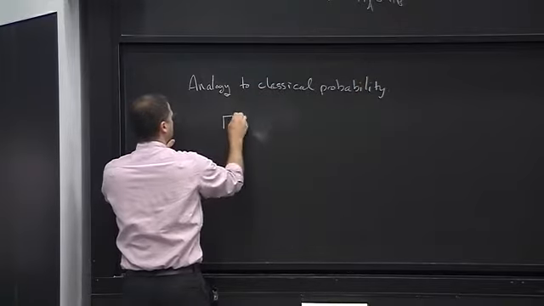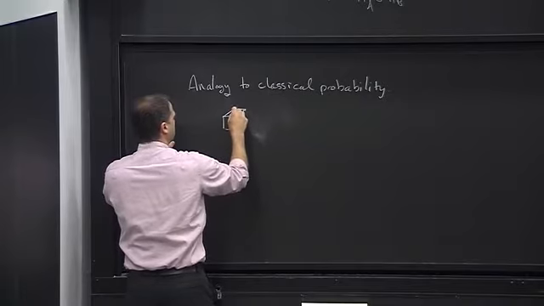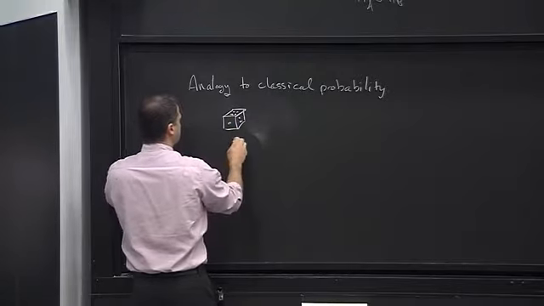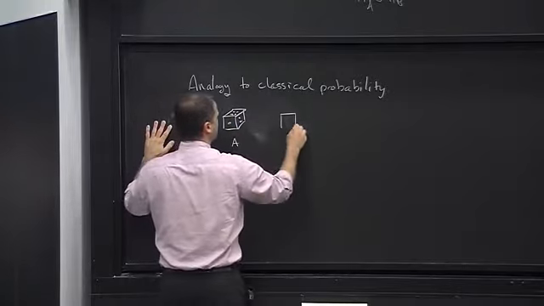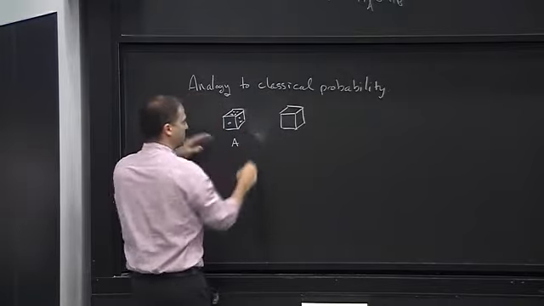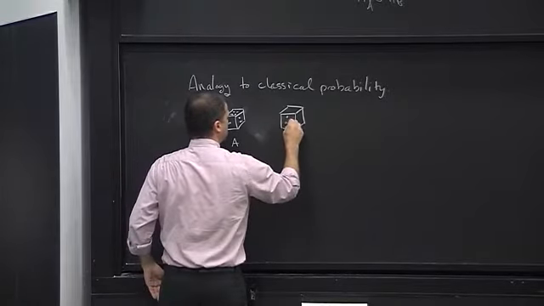I have some die here, and it has 6 sides. Oh, this one's a 2. So this is die A, and then I also have die B. These dice can be different, can have different numbers of sides. It doesn't really matter.